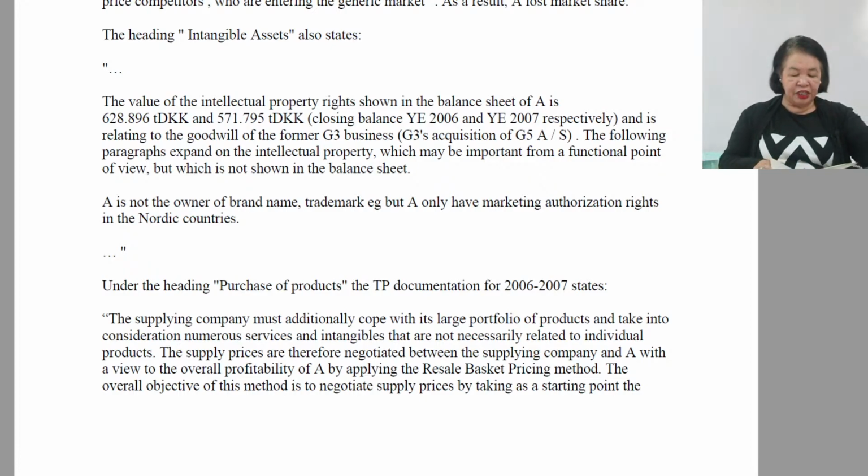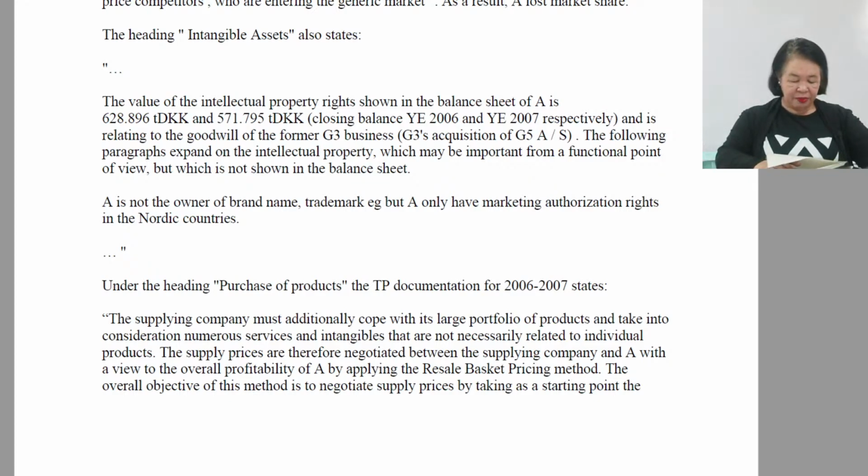Under the heading purchase of products, ito po yung mga information na i-discuss ko sa inyo coming from the transfer pricing documentation. Yan. So under the heading purchase of products, the transfer pricing documentation for 2006-2007 states.